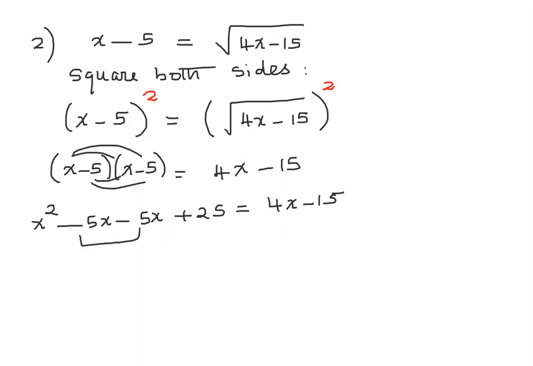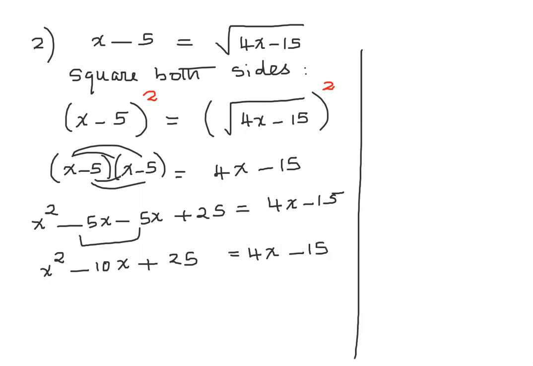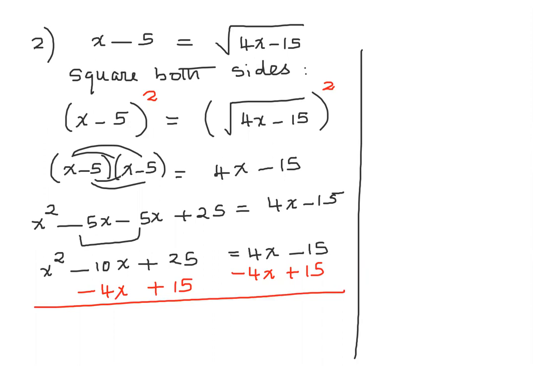So combine the like terms. So you get x squared minus 10x plus 25 equal to 4x minus 15. First we have to move all the terms to one side so we can factor and solve the equation. We subtract 4x and add 15, so we get 0 on one side.